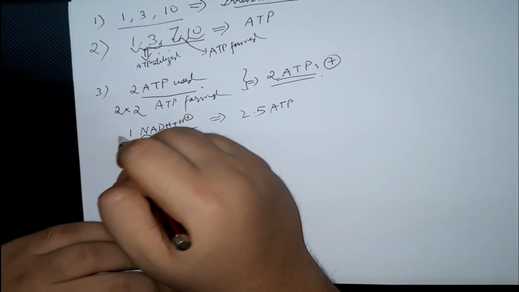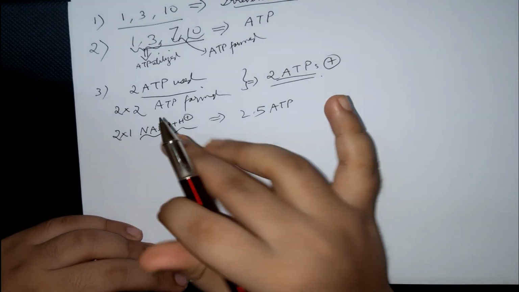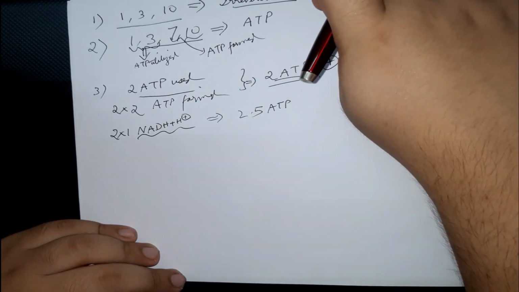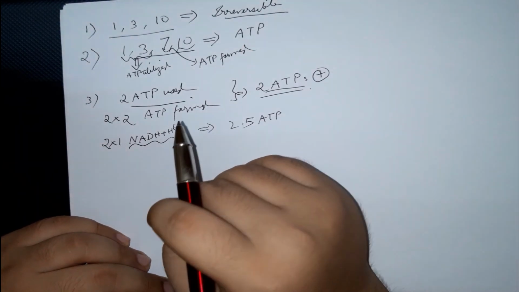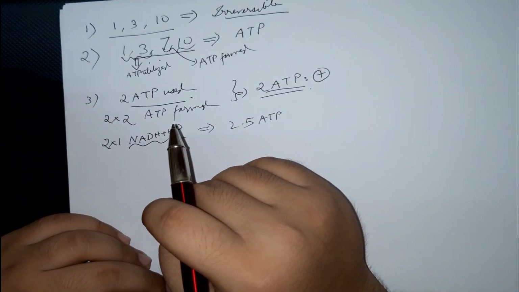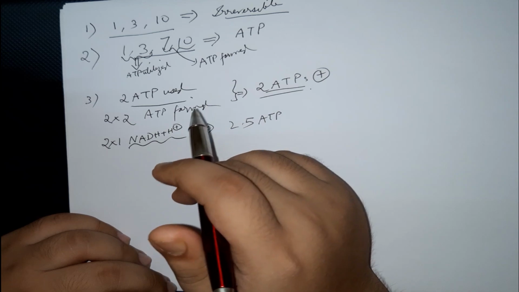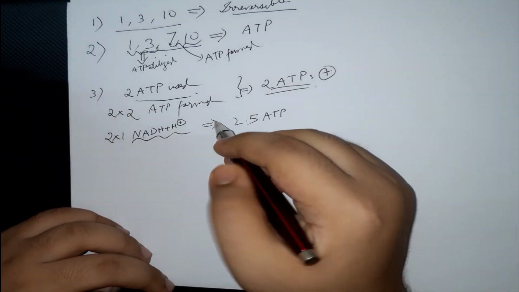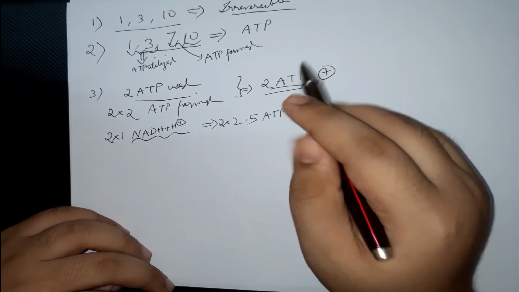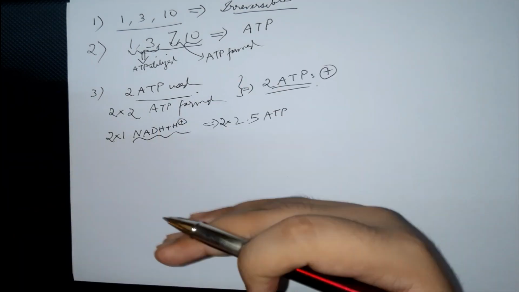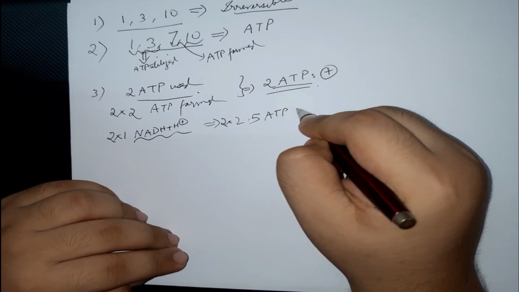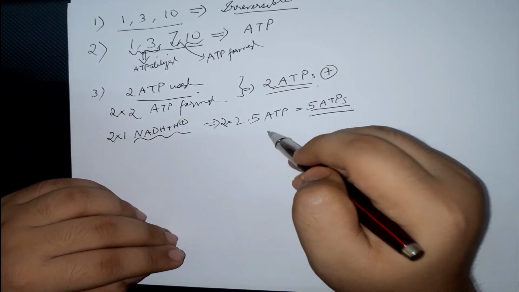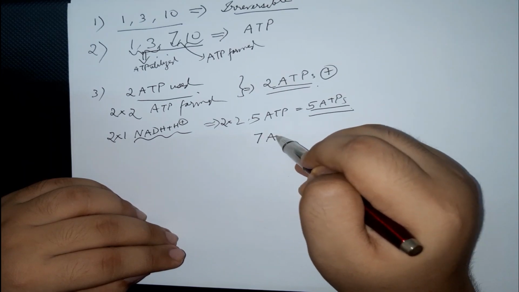No. 2 into 1, yes, because NADH plus H plus is being formed in a step. Which step? It was step 6. Right? So we have to multiply that by 2. So 2 into 2.5 ATP being formed subsequently later, not directly from glycolysis but subsequently. So 5 ATP. So in aerobic cases, we get a net gain of 7 ATPs.